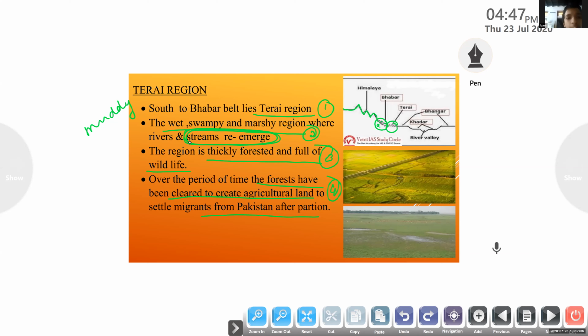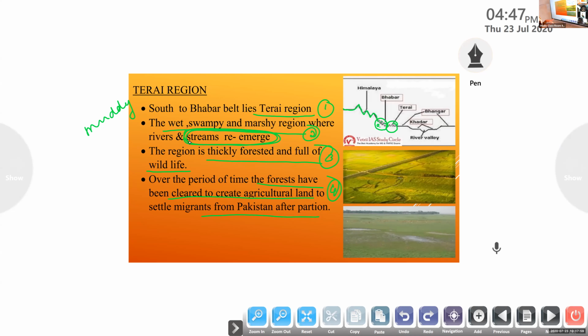In Babar belt, we cannot see the rivers, right? But when it reaches the next region, Tarai region, we can see the rivers. We can see water over there, right? That's why the streams disappear in Babar belt and re-emerge in Tarai region.